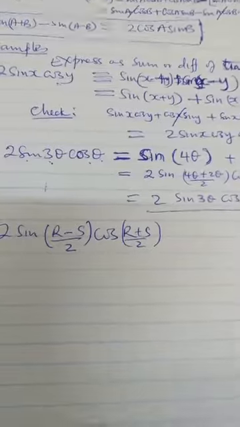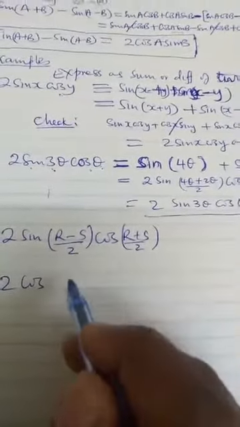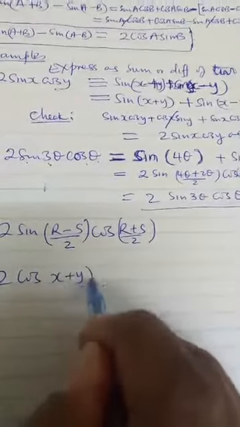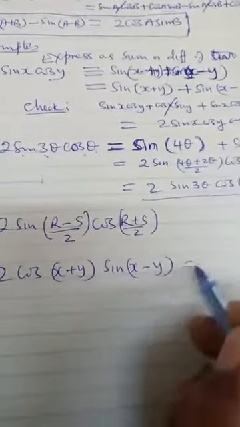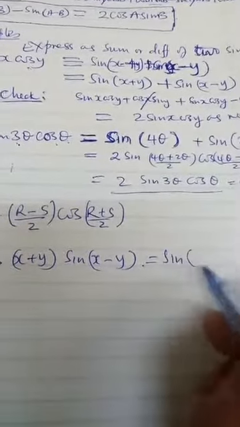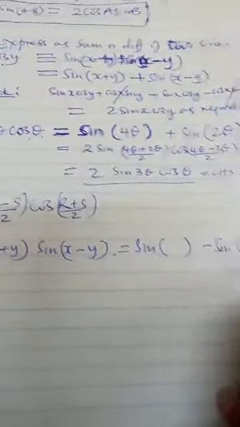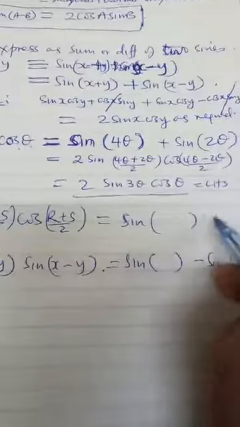If we have cos sine like this, 2 cos of x plus y sine of x minus y, then this must definitely be a sine subtraction of 2 angles. This is a sine addition of 2 angles.